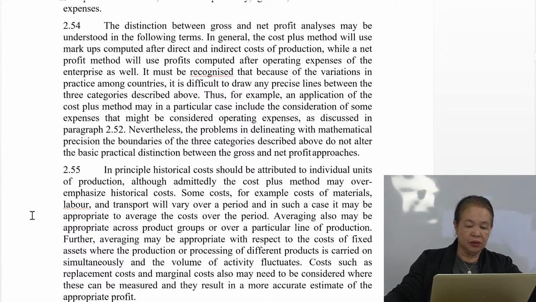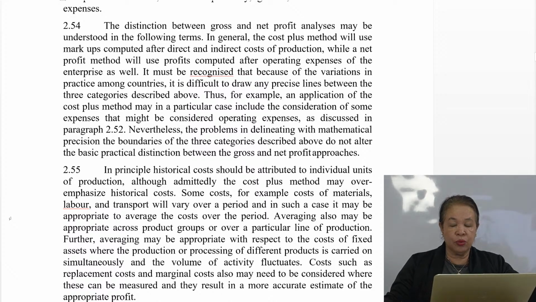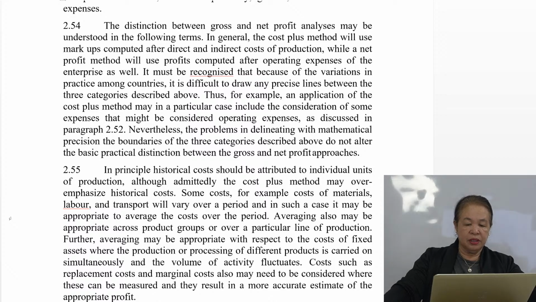So, it must be recognized that because of the variation in practice among countries, it is difficult to draw any precise lines between the three categories described above. So for example, an application of the cost-plus method may in a particular case include the consideration of some expenses that might be considered operating expenses, as discussed in paragraph 2.52.